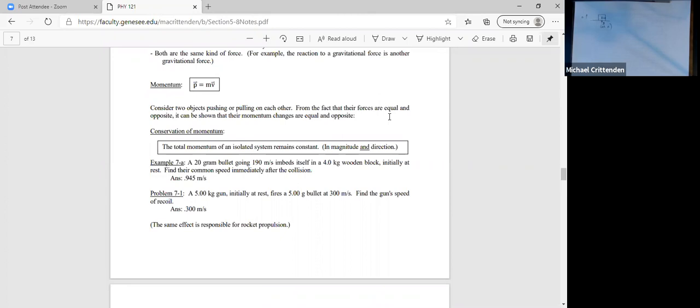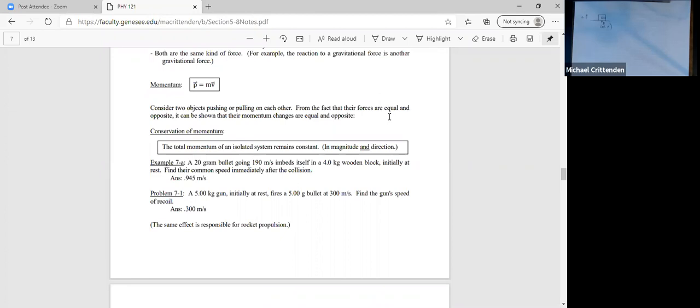I won't go through the whole chain of reasoning here, but because the two objects feel equal and opposite forces for equal amounts of time, the changes in their momentum come out equal. In other words, the momentum lost by one equals the momentum gained by the other. And so that means the total between the two of them stayed constant.